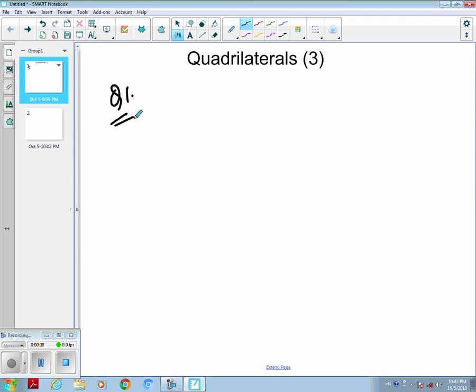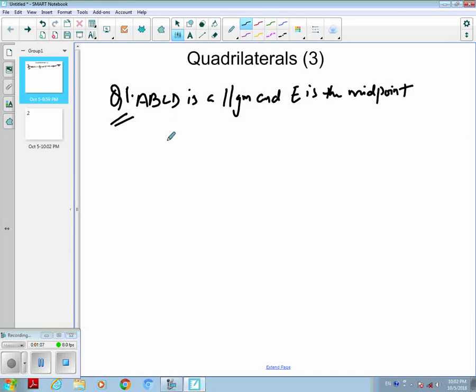The problem is: ABCD is a parallelogram and E is the midpoint of side BC.